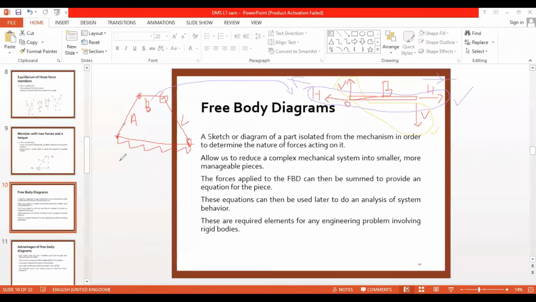If you are given this big diagram and asked to determine the forces, it would be easy this way. Since we can't determine forces at these two points, I will say why, but this one and this one and this one we can decide.